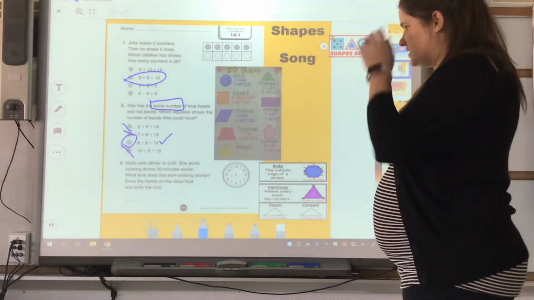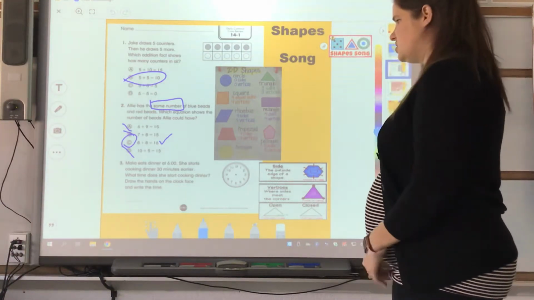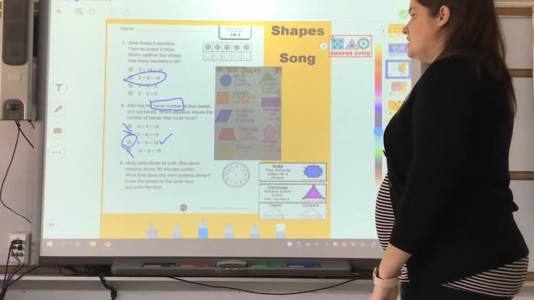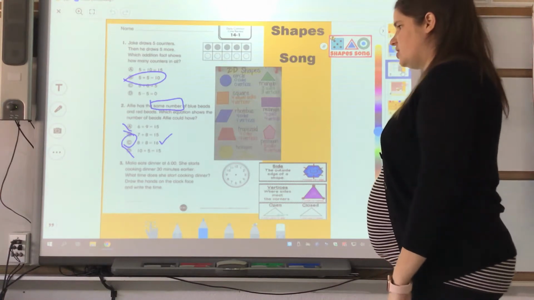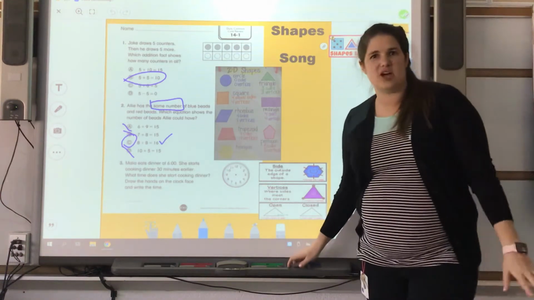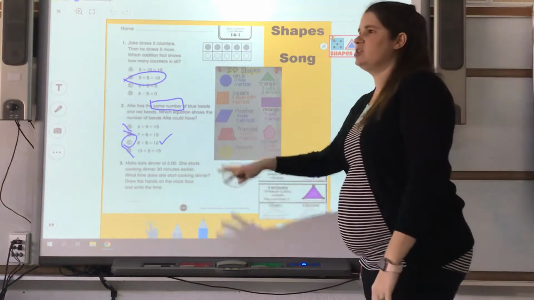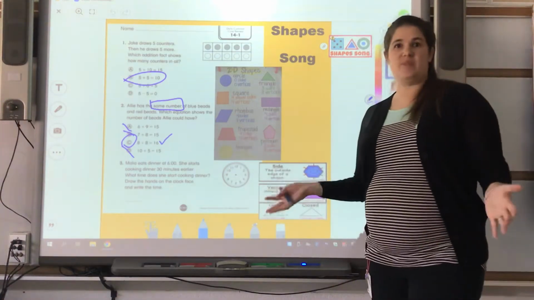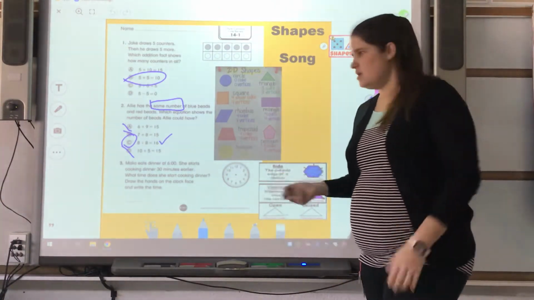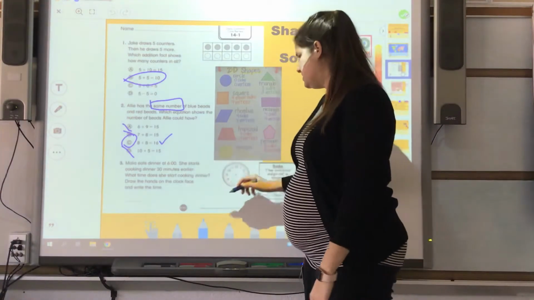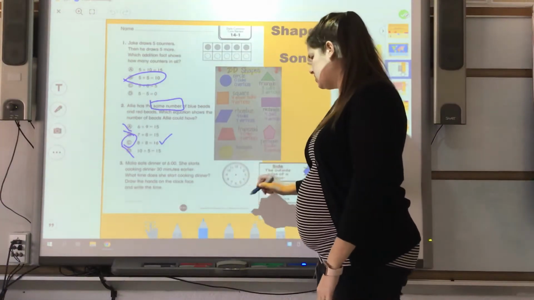Malia eats dinner at 6 o'clock. She starts cooking 30 minutes earlier. What time does she start cooking? So I know we haven't talked about time yet. This is just the order that the math book goes in. It's okay. So if we look, she eats dinner at 6 o'clock.